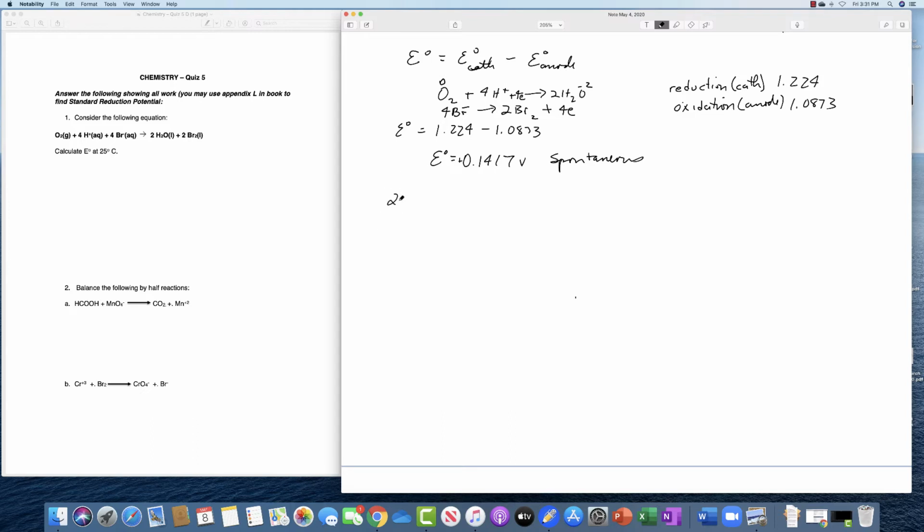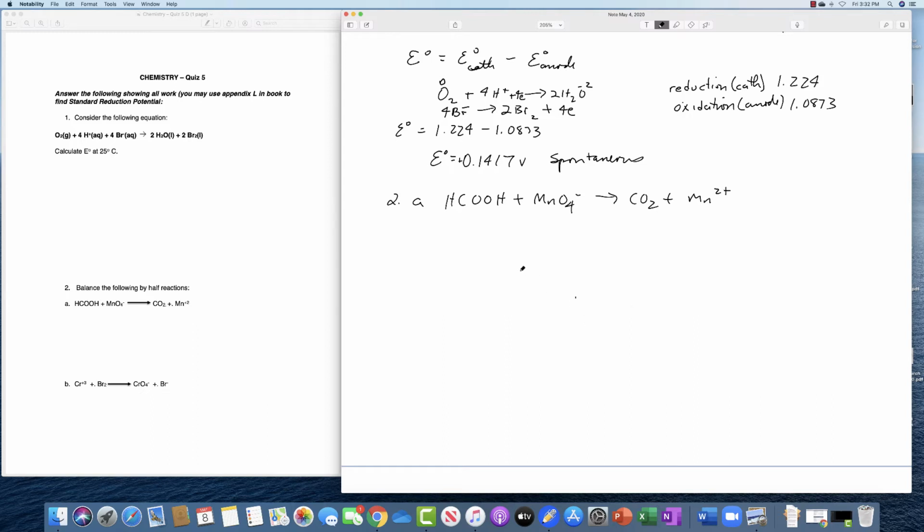Problem number 2 asks you to balance 2 equations. The first equation is HCOOH, which is just one way to write methanoic acid, plus MnO4 minus goes to form CO2 plus Mn2 plus.